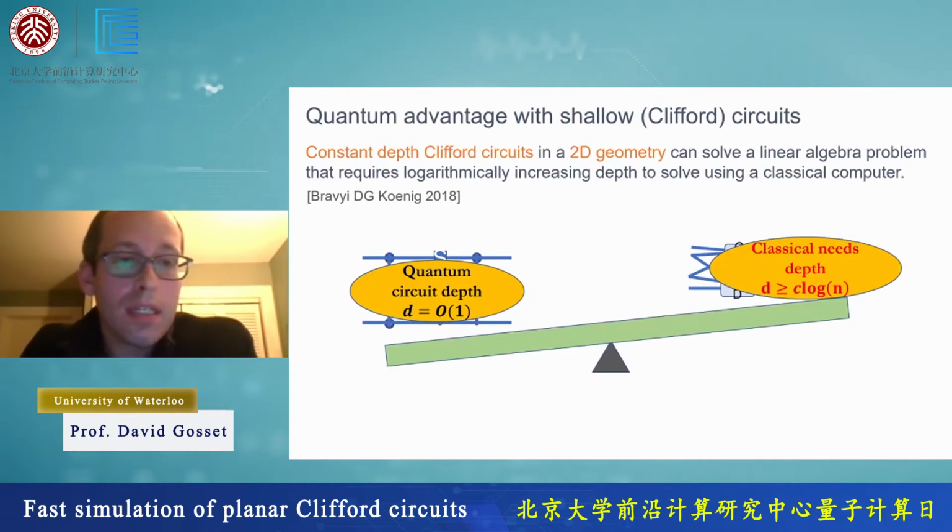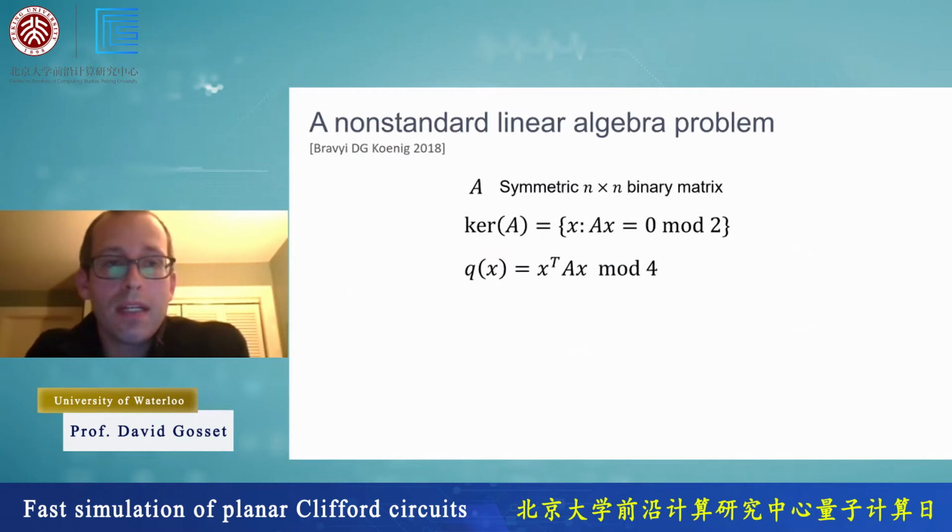In particular, in joint work with Sergey Bravyi and Robert Koenig from 2018, we showed that even if you have a Clifford circuit of some constant depth, and even if that circuit has a nice geometry, like a two-dimensional geometry, that type of circuit can solve a linear algebra problem that requires logarithmically increasing depth to solve using a classical computer. So what is this linear algebra problem? Let me just describe it to you in a couple of slides.